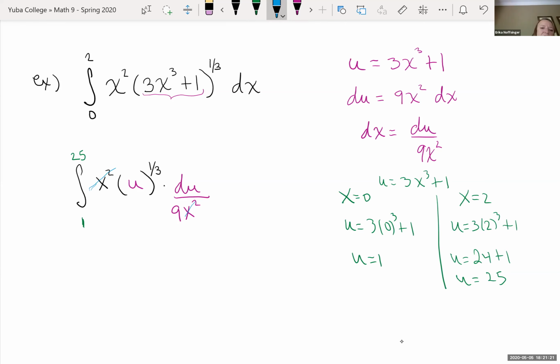And we have the integral. We could pull the 1/9 out now. It actually might be easier if we do that. So let's pull it out. We have 1/9 times the integral from 1 to 25 of u to the 1/3 power du.